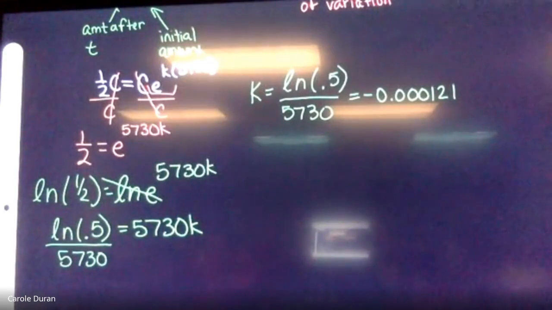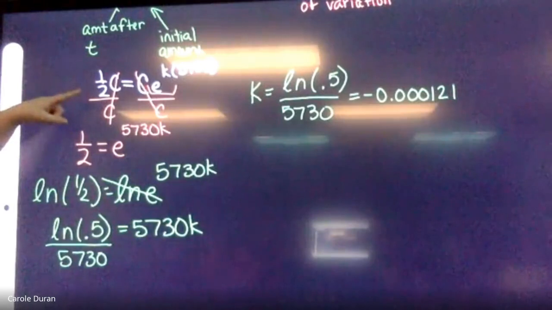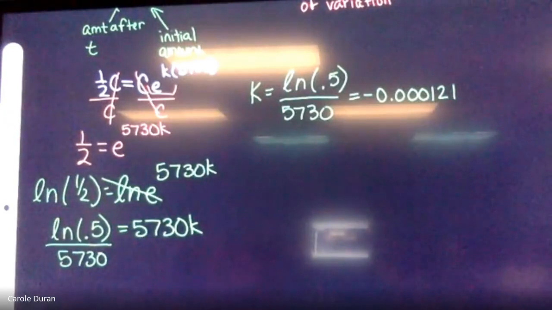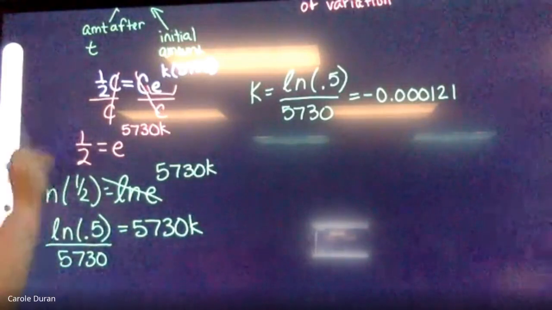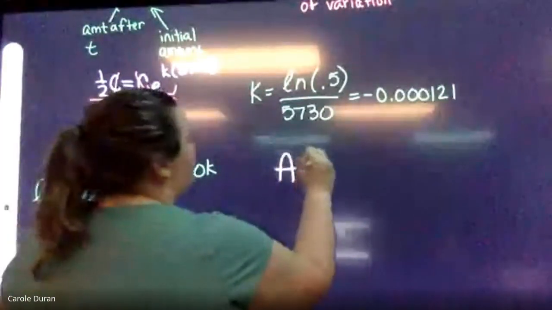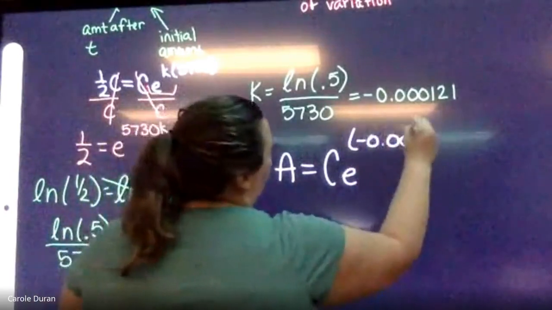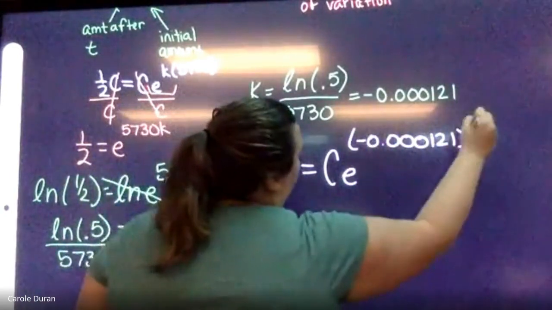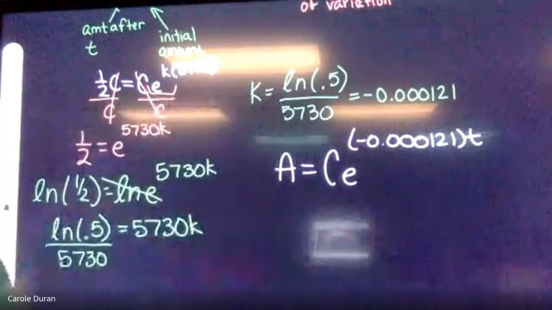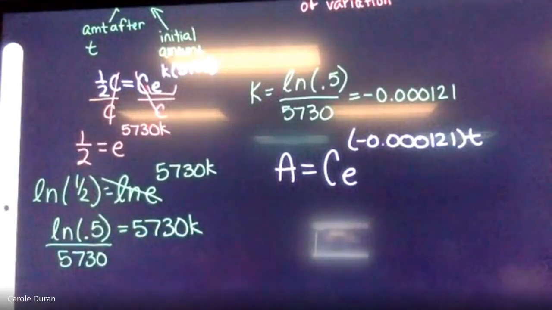So now what we're going to do is rewrite our generic equation, and put that value in for K. So now my equation for this particular problem is A equals C E to the negative 0.000121 times T. I just input that value for my K, because that is my constant of variation.